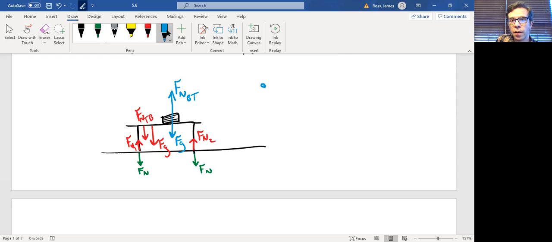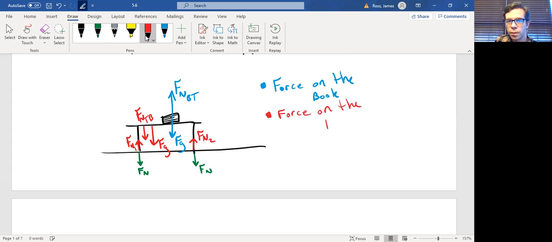So this is a force on the book. Red is a force on the table. And green is a force on the earth.